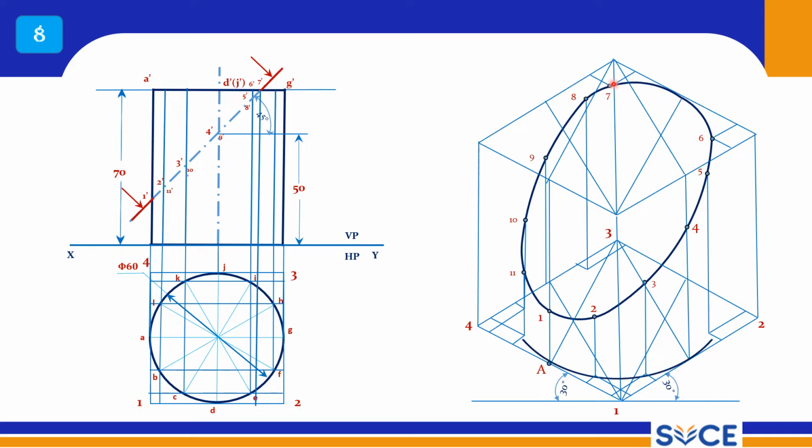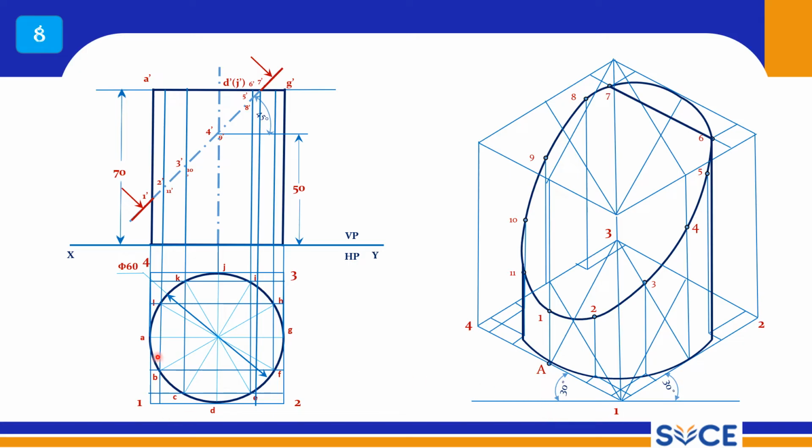Only 2 centers I am using to draw this partially. Once I do, I can use the 4 center method at the bottom and draw the smooth curve. Now 11 to here should be connected, and point number 6 to here should be connected, and this should be drawn with a thick line. So this is the truncated cylinder.